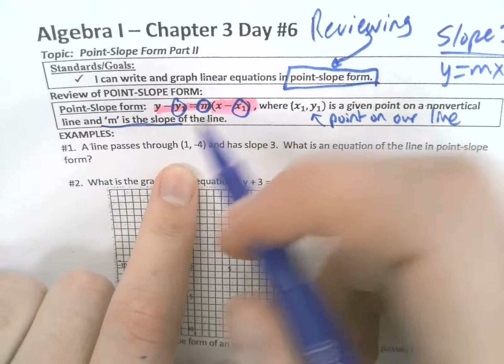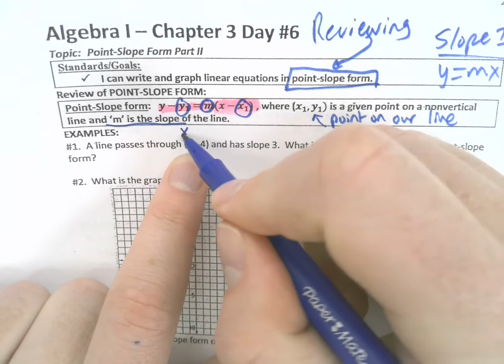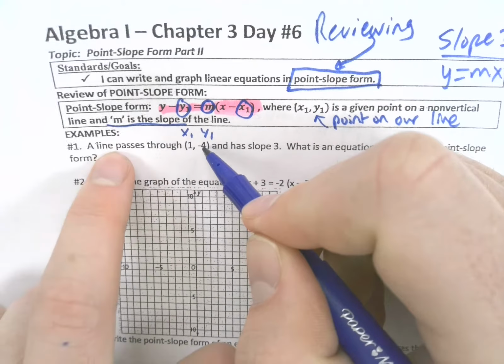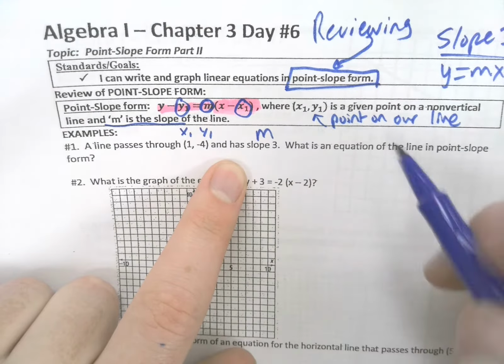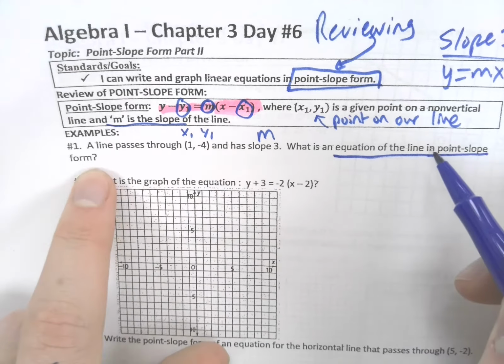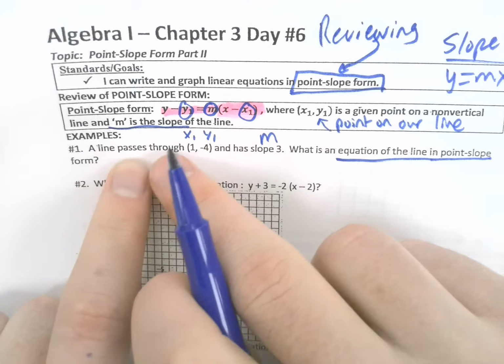So I look down here and I say, okay, we've got a line that passes through (1, -4). There's x1, y1, that's the point on my line, and it has a slope, m, of 3. What's an equation of that line in point slope form? We're using this form up here to represent our line.